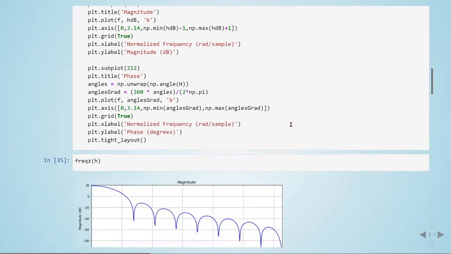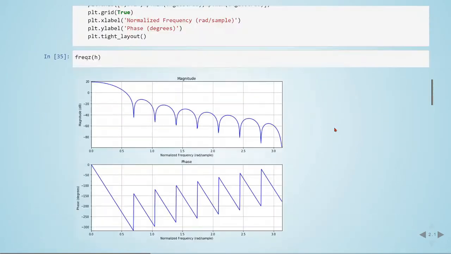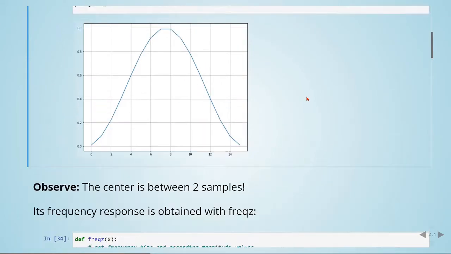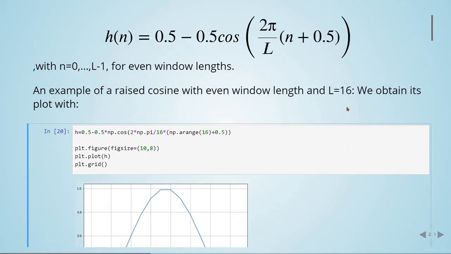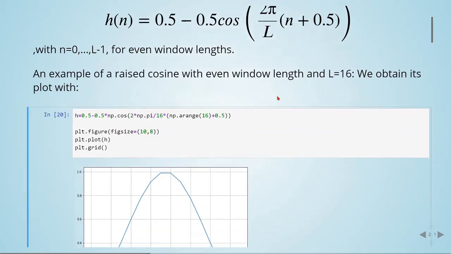So here is the frequency response for the raised cosine window with even length, this time L equal to 16.